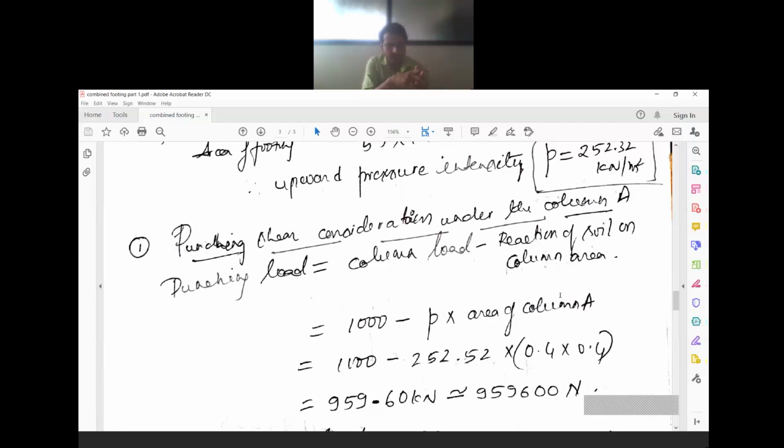See, in case of slab design, we used to calculate the punching shear, right? If you remember, in slab design punching shear comes up, or in flat slab, which comes in advanced RCC. In that case, punching shear comes. What is punching shear? If we have a column, upon this a slab is there. So what will happen to this?